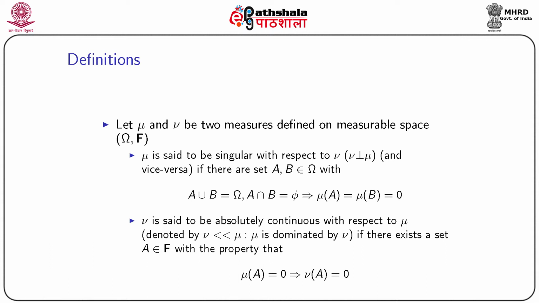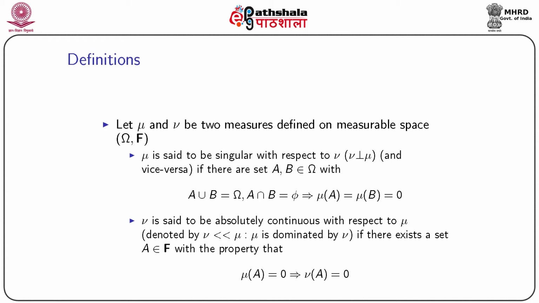If this happens, then we say that mu is singular with respect to nu, and the notation we will be using to define singularity is the orthogonal notation, mu orthogonal to nu.